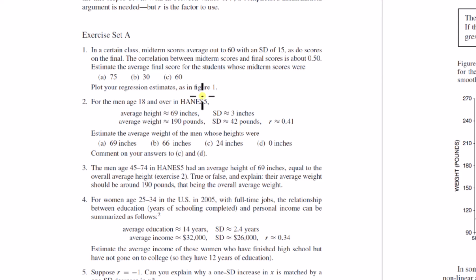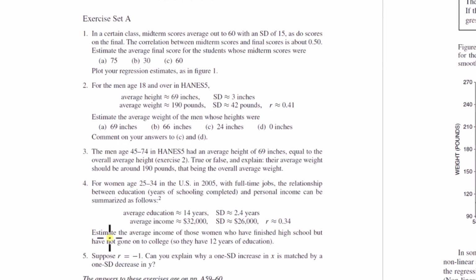So all of the questions we've worked up to this point in the first two sections, when it came to using regression to estimate an output, the textbook would word the question from a more average or group perspective. So estimate the average final score for just students in general whose midterm scores were this, right?